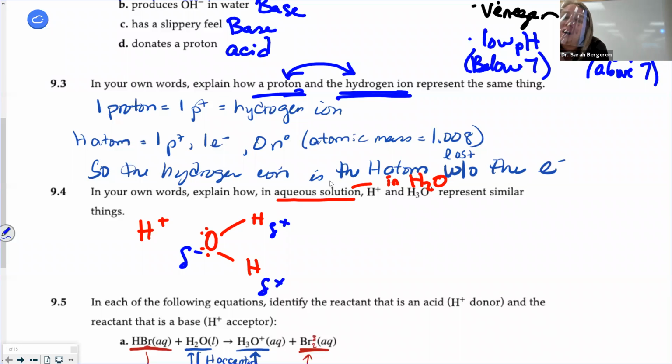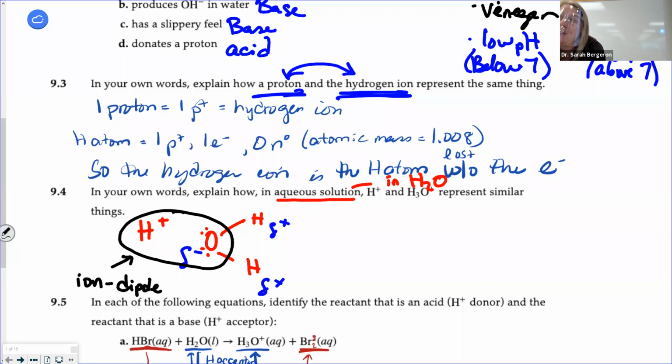So what can occur between the hydrogen ion and the water? I have a positive and a partially negative. What kind of an interaction is that? Close, almost. I have an ion and a what? And a dipole. So I have an ion-dipole interaction.